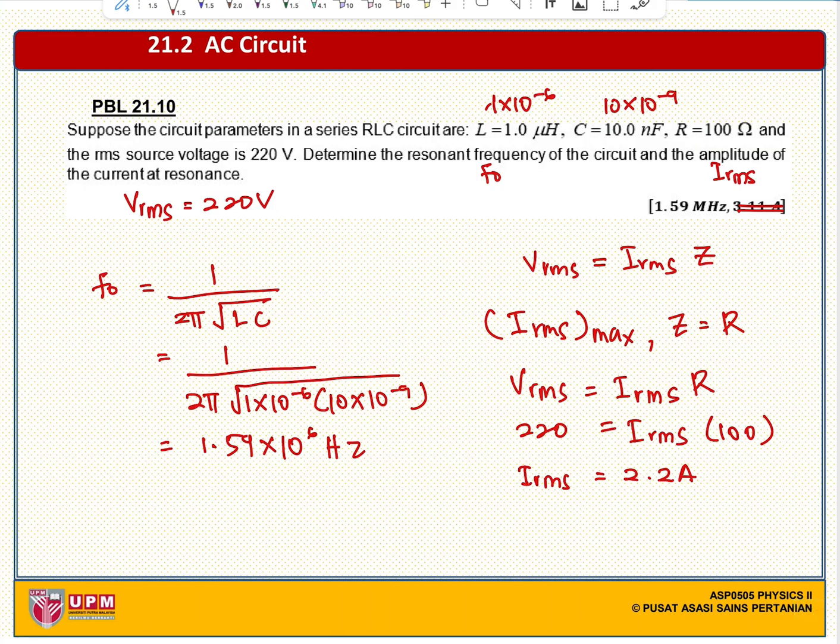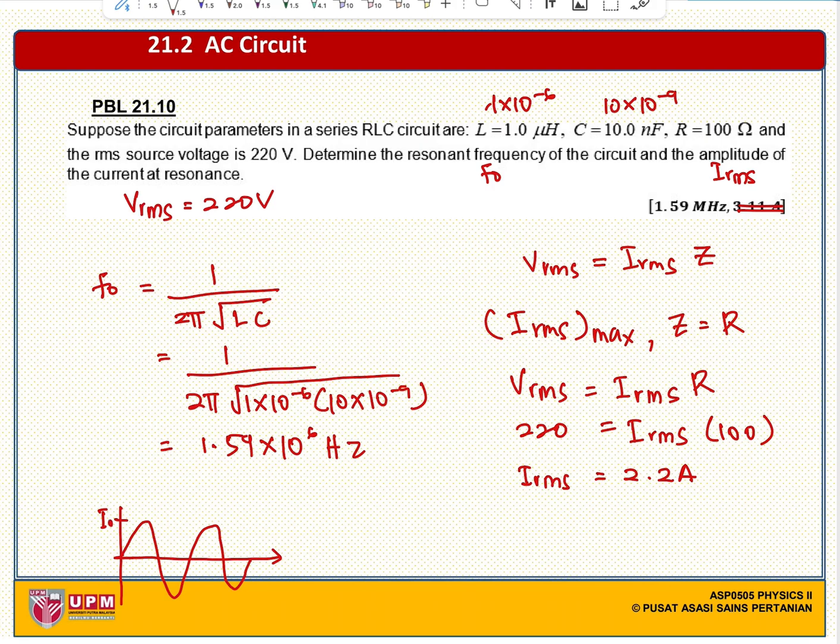Oh, that is wrong. It wants the amplitude of the current at resonant. At resonant, your current is still in this form, and what you got is the I RMS, but it wants the amplitude.